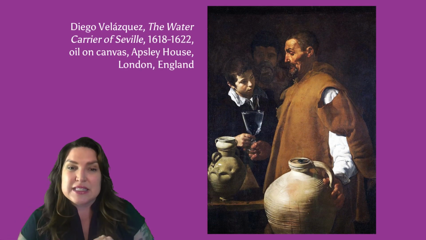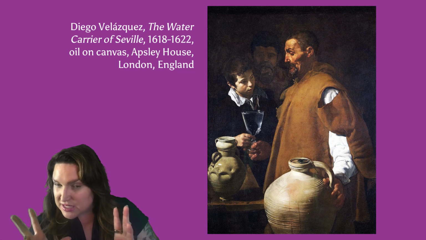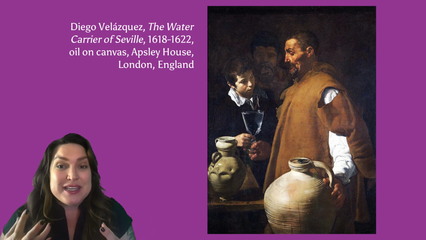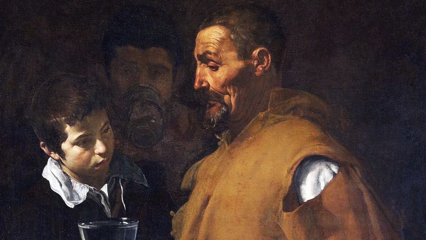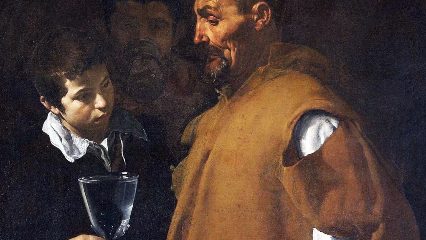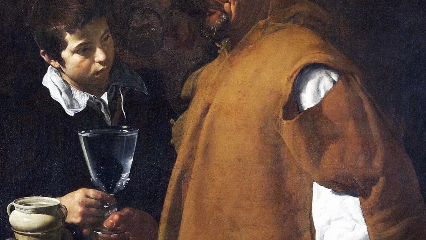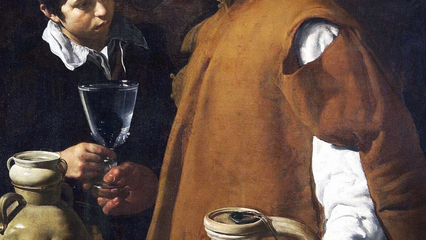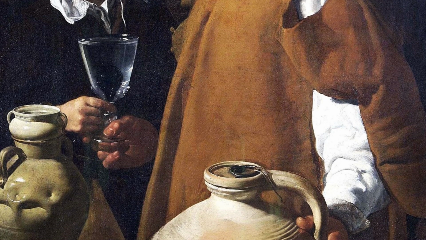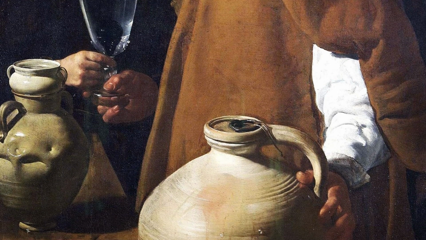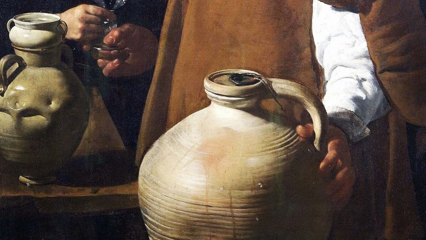Diego Velázquez in The Water Carrier of Seville from 1619 depicts a young boy and a man in a kitchen. They are pouring some water into a jug or a glass that they're going to bring in perhaps to some noble or someone of royal status. So we're really getting a behind the scenes, going in the kitchen.